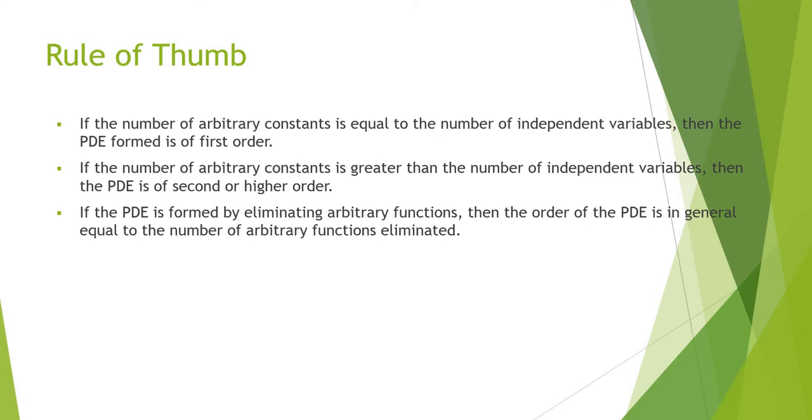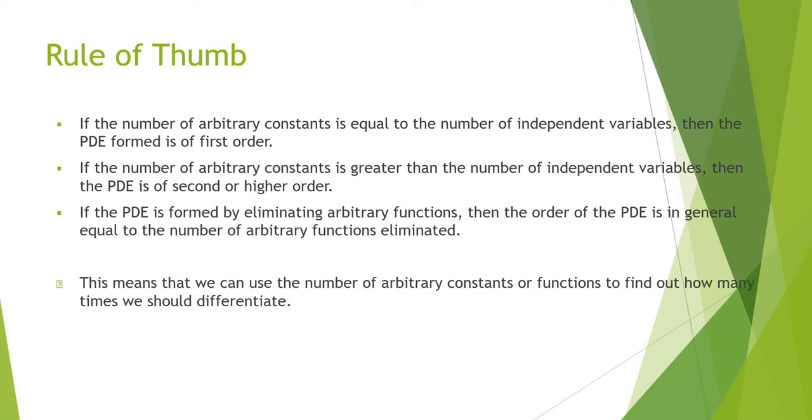If the PDE is formed by eliminating arbitrary functions, then the order of the PDE is in general equal to the number of arbitrary functions which we are eliminating. What does this mean? We can use the number of arbitrary constants or arbitrary functions in the relation to find out how many times to differentiate.